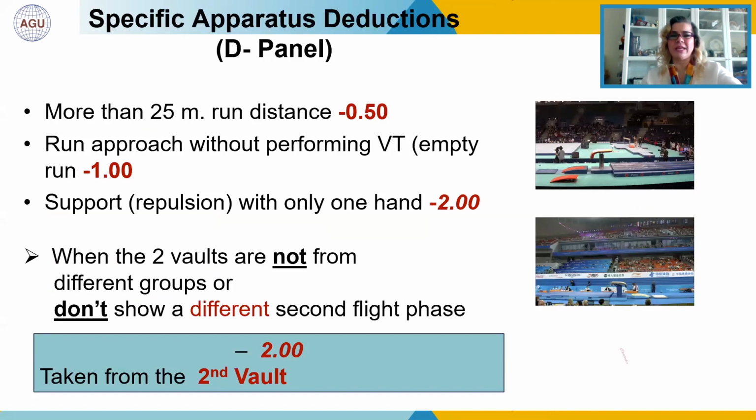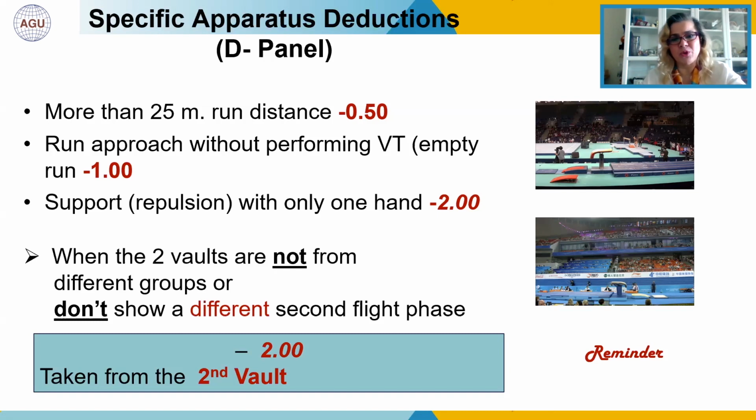Now, if we talk about the D panel and its functions and duties, we have to remember very well the specific apparatus deductions made by the D panel, such as a running approach of more than 25 meters in run distance. In this case we have to deduct 0.5 from the final score.